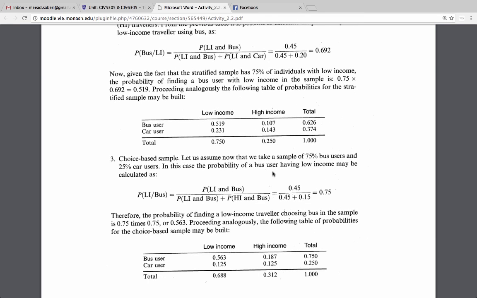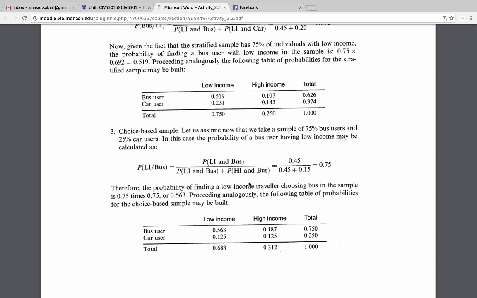Therefore, the probability of a bus user having low income can be calculated as the probability of low income conditional on bus, which is equal to the probability of low income and using a bus over the probability of using a bus.